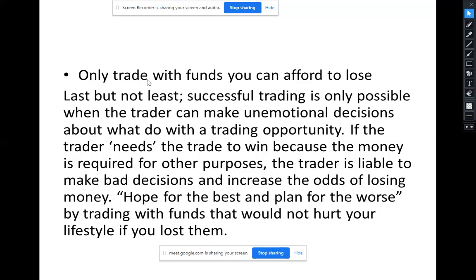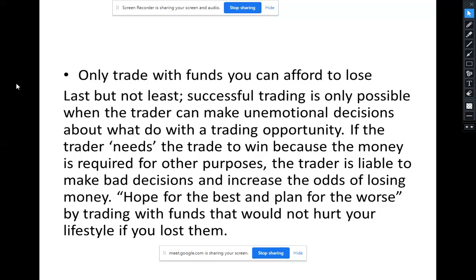Trading is not about using the last money you have. If you want to take a trade, you should only trade the funds you can afford to lose. If you can afford to lose $200, use the $200, trade with the $200. If you can't, then don't trade.